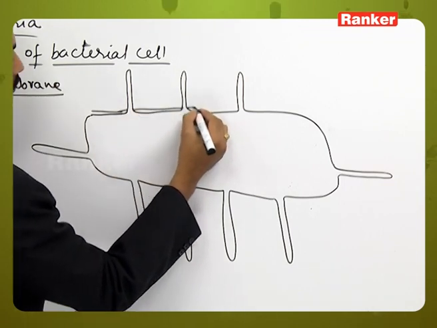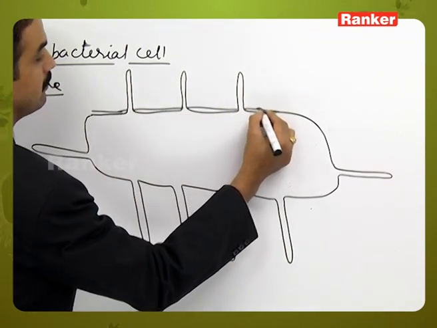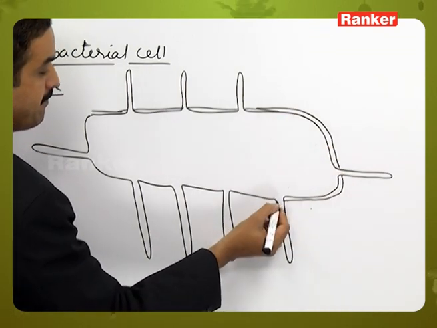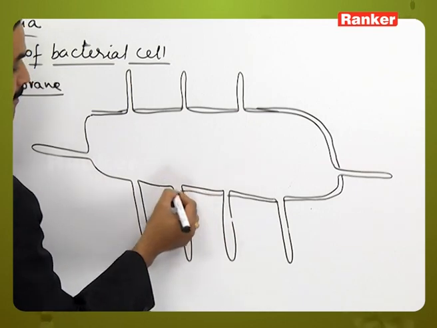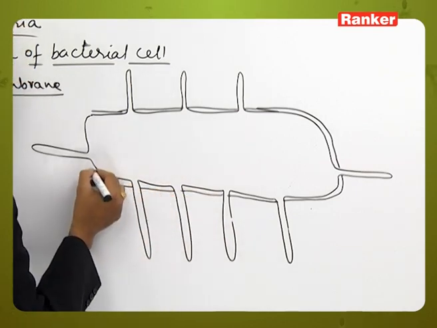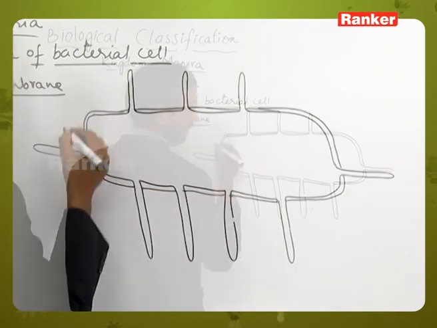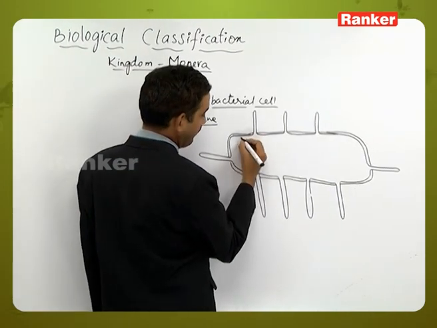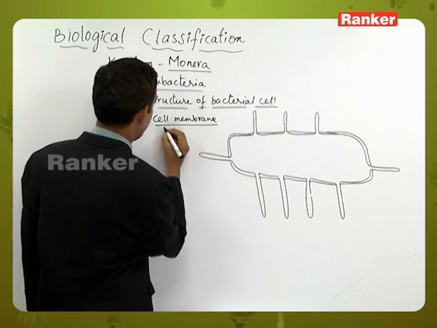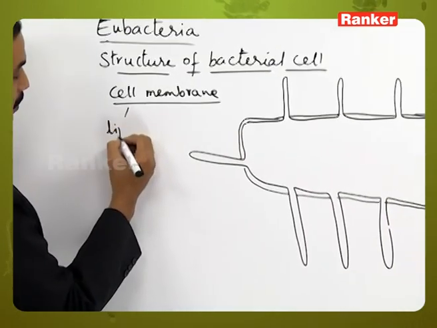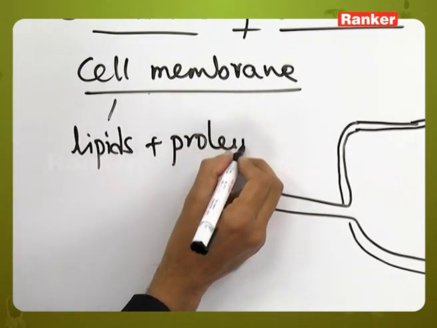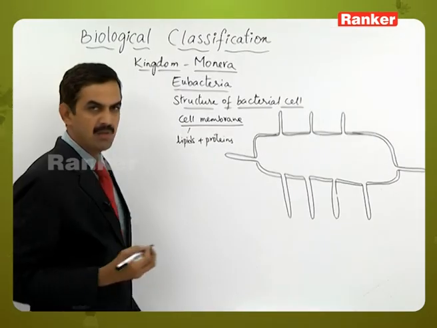And below this, the plasma membrane is present, which is made up of lipids and proteins, as in a normal plant cell.